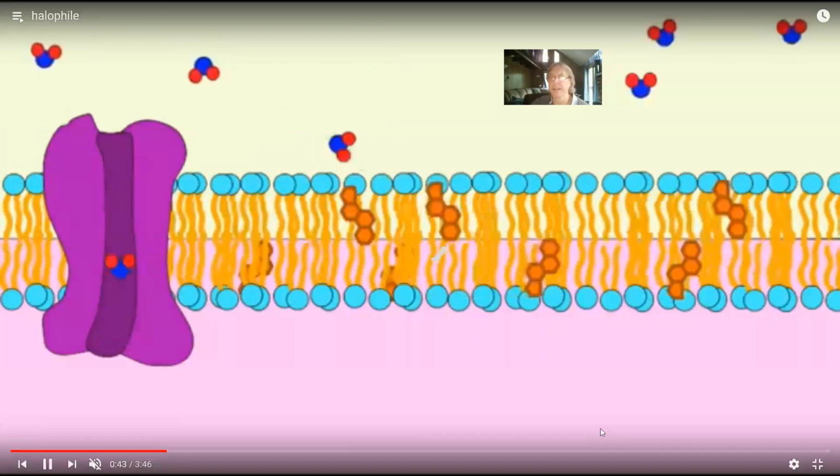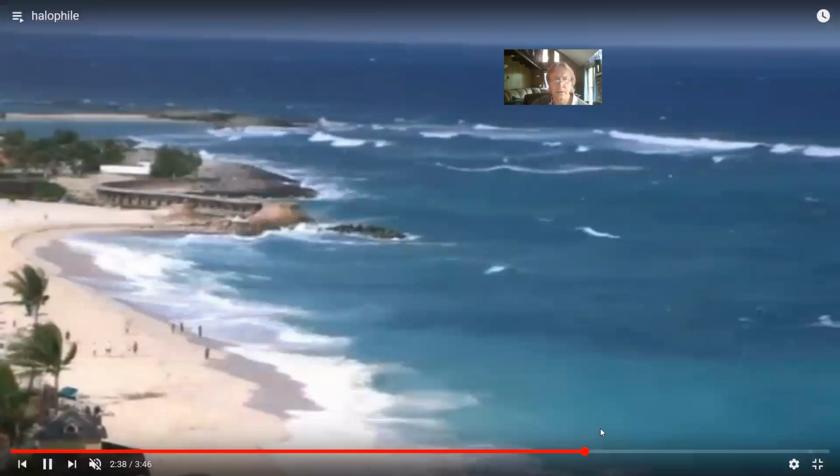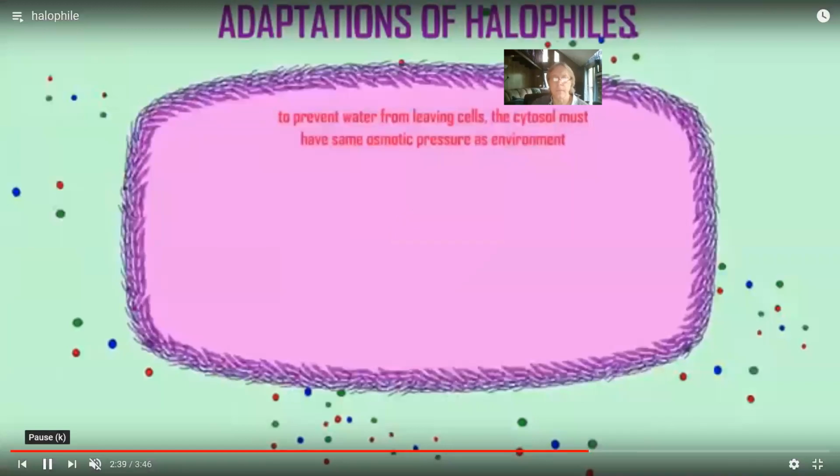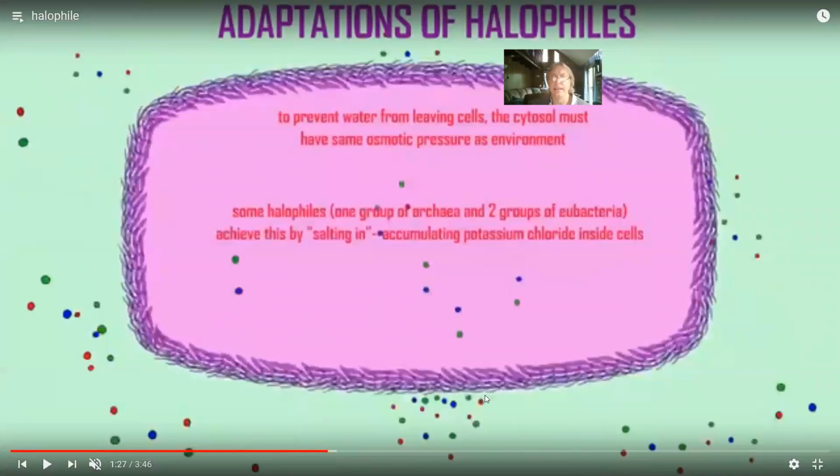And so once again, you might ask, well, how can cells do this? Well, you can then have different scenarios where some halophiles do what's called salting in, because the water wants to leave the cell because the environment is saltier than inside the cell.